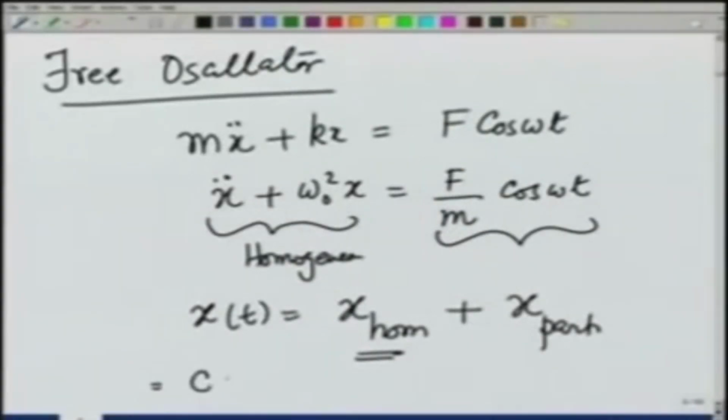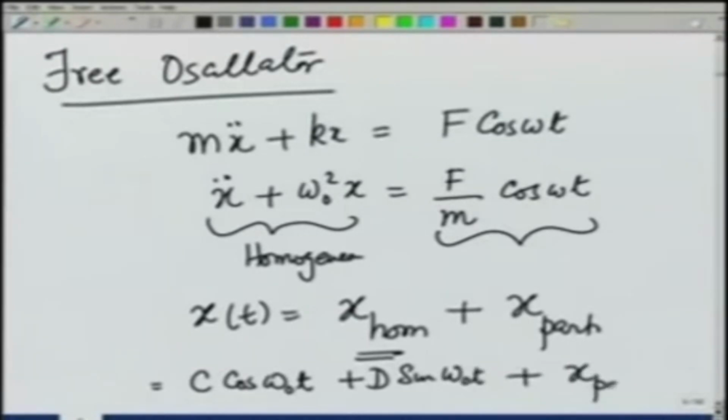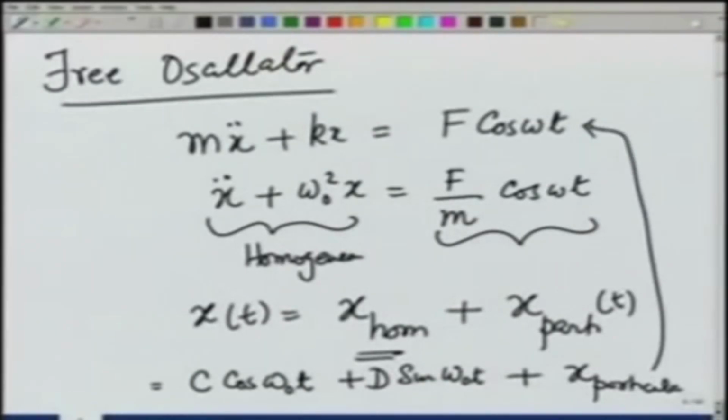So, this I can write as C cosine of omega 0 t plus D sine of omega 0 t plus x particular. The particular part of the solution depends on the driving term, and we want to find that. You see, this homogeneous part has two constants C and D, which will depend on the initial conditions.